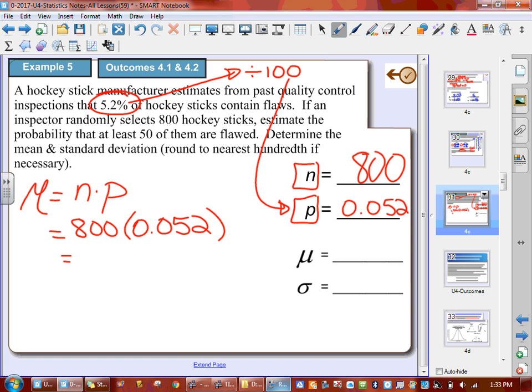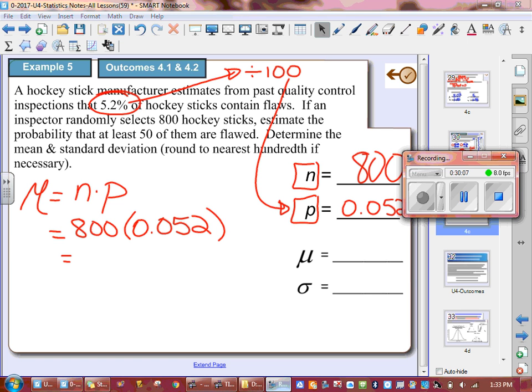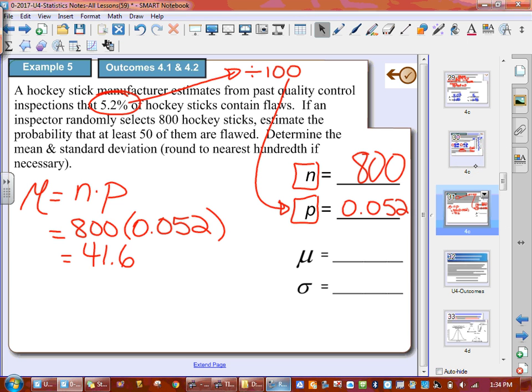What is your mean number of sticks? The calculation is going to give us 41.6.